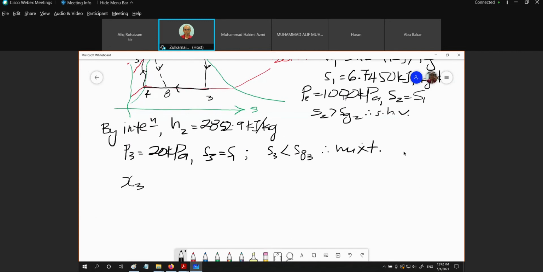The X3 is equal to S3 minus SF3 divided by SFG3.